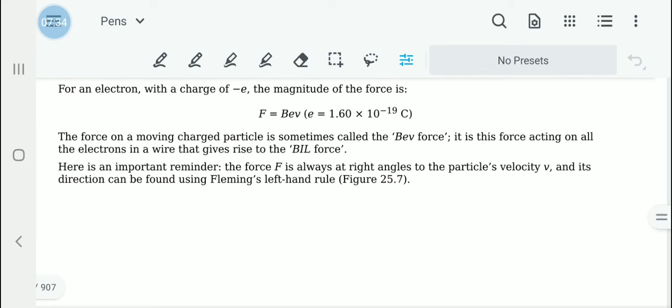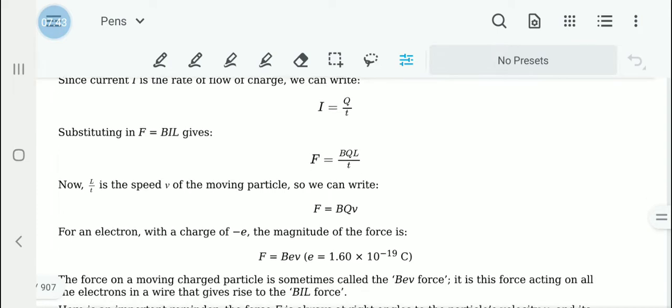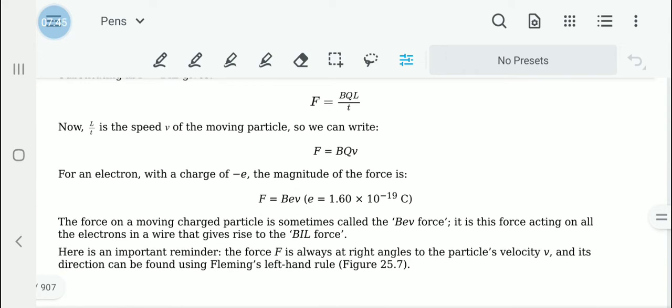And one important definition here, we can write this down. For an electron with a charge of negative e, the force can be taken as follows: F equals capital B, simple e v, where e equals 1.6 into 10 to the power minus 19 coulombs.